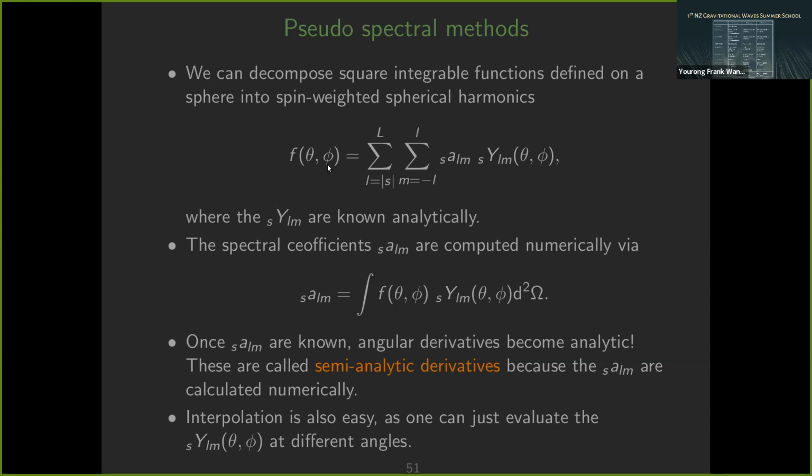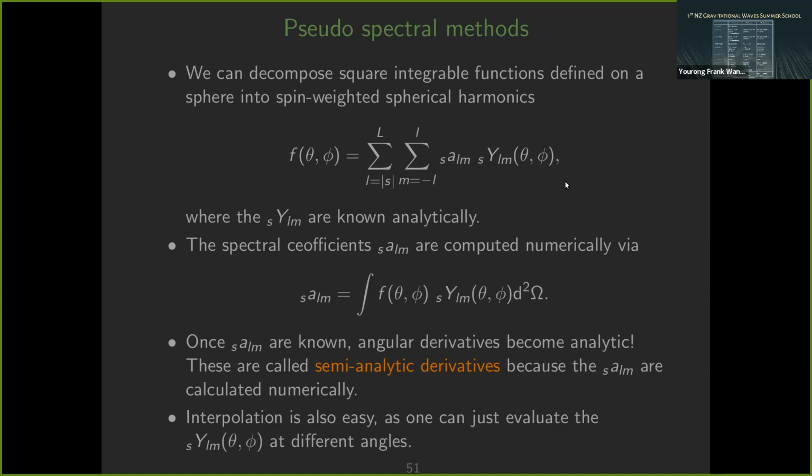Well, if I took a derivative on the sphere, then the only thing is that these SYLMs are functions on the sphere. So the derivative can go through the constant spectral coefficients and act on this. And the SYLMs are known analytically, so we know what the derivative is analytically.